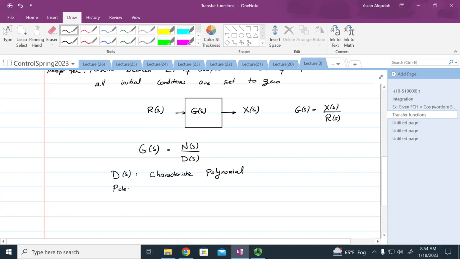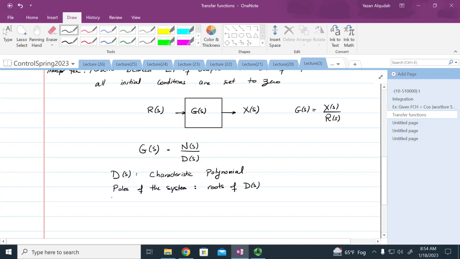The poles of the system. What are the poles of the system? What is it? Not zero. Excellent. They are the roots of the D of s.